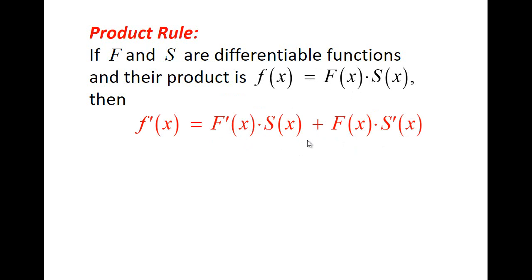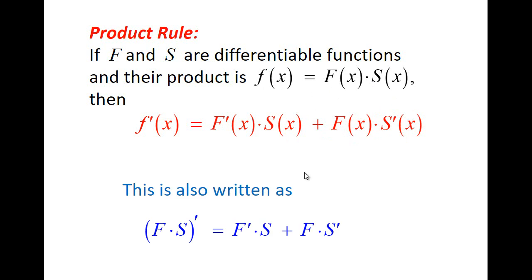So the way I read this is that your function lowercase f has two factors in it. So the derivative would be the derivative of the first factor multiplied by the second factor as it is, plus the first factor as it is multiplied by the derivative of the second factor. This in short can be written as (f s) prime is equal to f prime s plus f s prime.